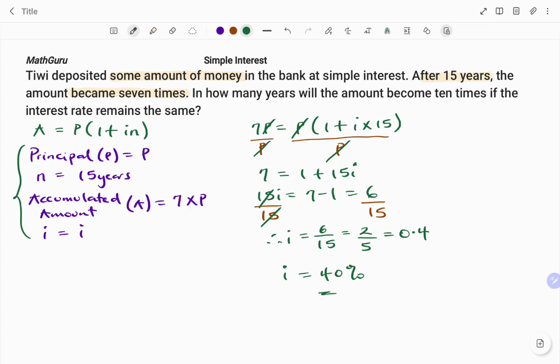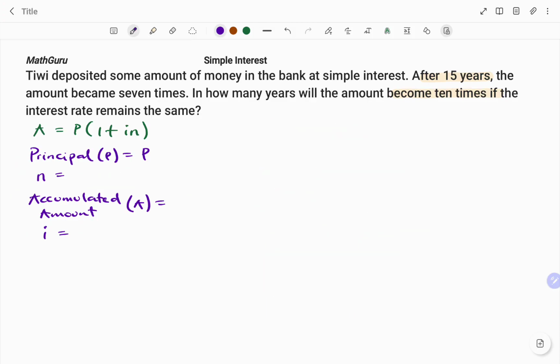The next statement says, in how many years will the amount become 10 times if the interest rate remains the same? So what that means is my interest remains 40%. However, my accumulated amount will now become 10 times. So I'm going to rewrite my statement.